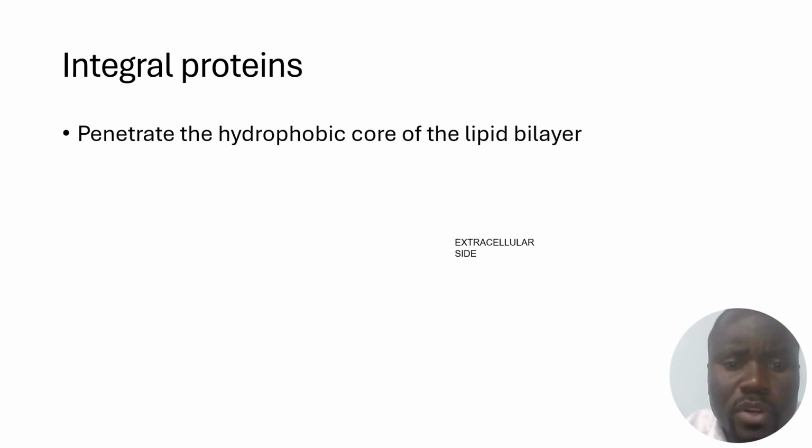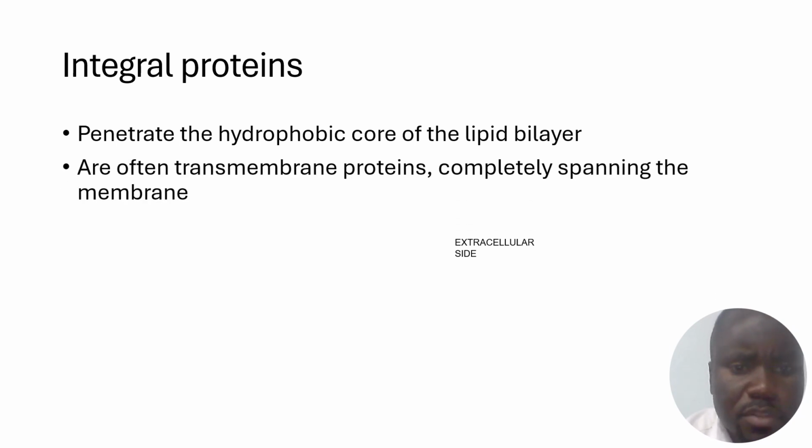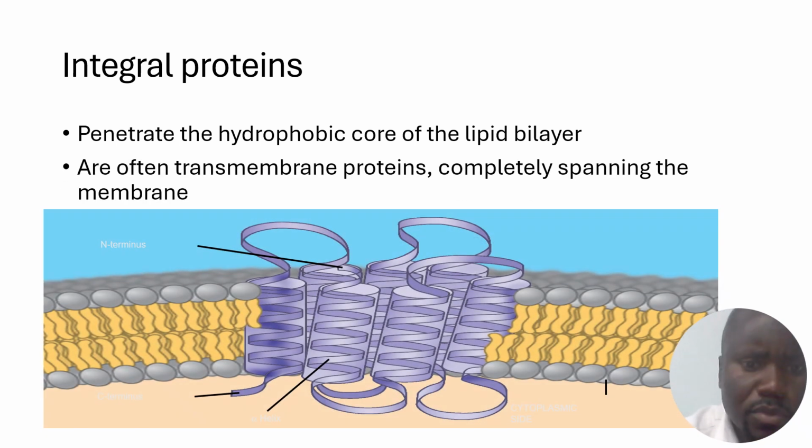If it's throughout both layers, they are called transmembrane proteins. Transmembrane proteins are integral proteins, but not all integral proteins are transmembrane proteins. So for example, this is a transmembrane protein because it has traversed both layers, spanning the bilayer.